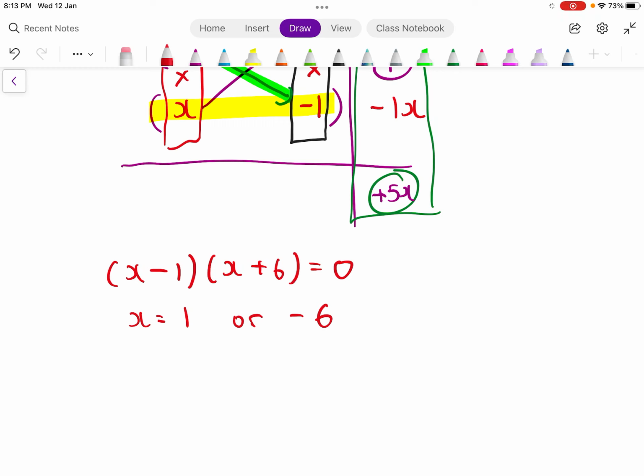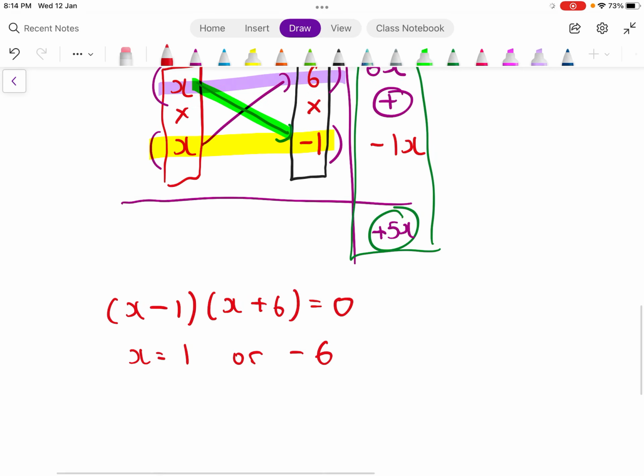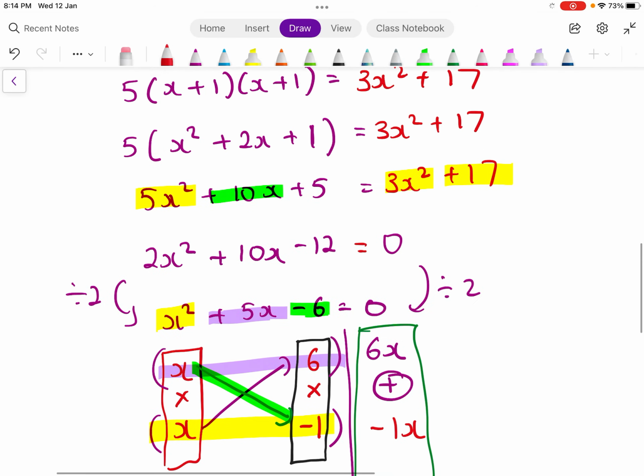Before you call it a day, you need to double check, because this is log, so we cannot just accept anything. I must ensure that if I put these numbers into the original log equation, it must hold true. So x equal to 1 or negative 6.